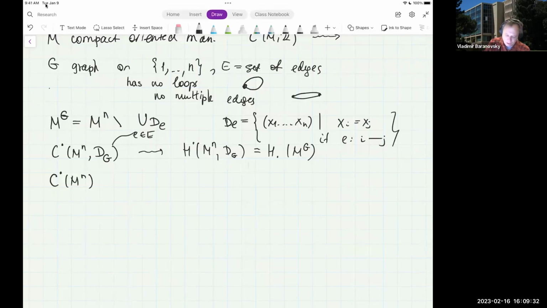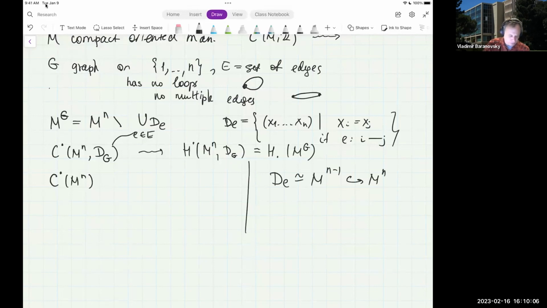Oh, okay. So at first we start with the cochains on the Cartesian power, and then we say, well, we wanted to remove all double diagonals. Each of the double diagonals can be identified with a Cartesian product Mn minus 1, because we have simply identified xi and xj, and it's embedded into our n-fold Cartesian product.